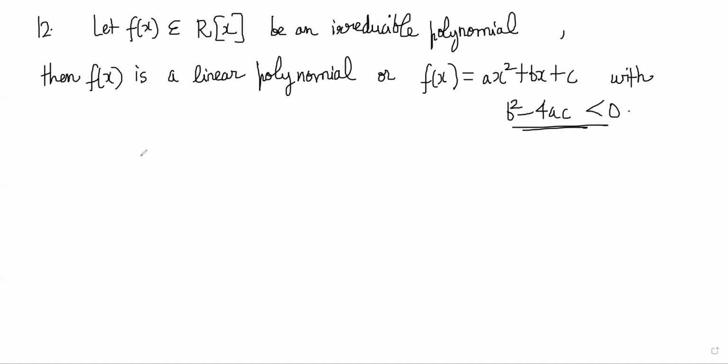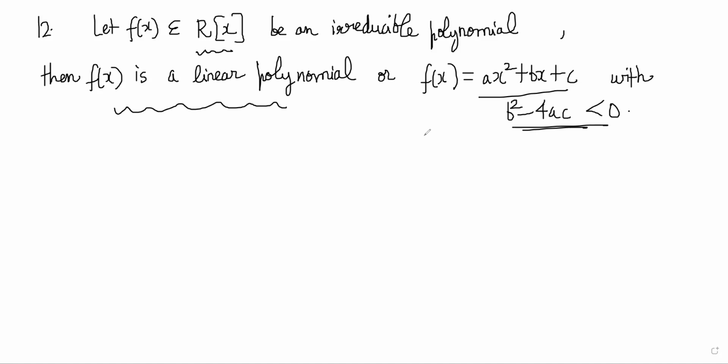So basically, in R of x, the irreducible polynomials have to be either linear or quadratic with b square minus 4ac less than 0. Remember, we earlier discussed that for polynomials with complex coefficients, any irreducible polynomial must itself be linear, because it always has a factor.